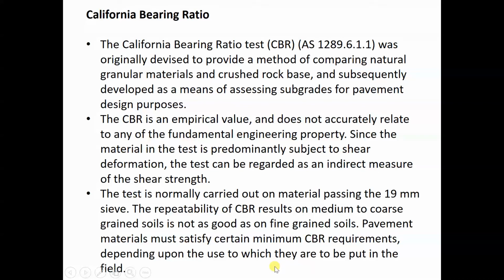But for the subbase pavement material, we need at least 20 or even 40. And for the base course, you need much higher, above 40, 60 or 80. From the CBR we can achieve for the subgrade and subbase, we can determine the thickness of the pavement.